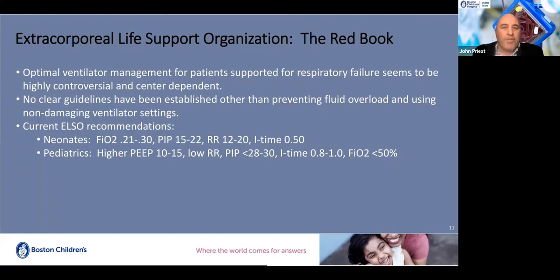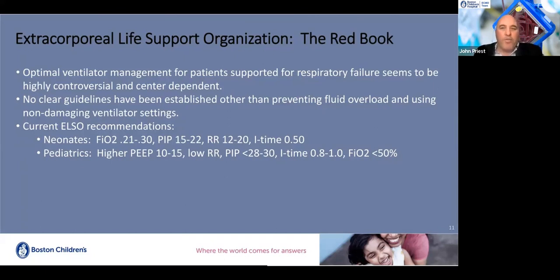The thing with ELSO, they're looking at this globally, right? So you think of a diaphragmatic hernia, you're not going to put them on a high peak inspiratory pressure. They have low lung volume to begin with. You don't want to use high inspiratory pressures on these patients. But then they're also looking at the cardiac patient, the hypoplast.